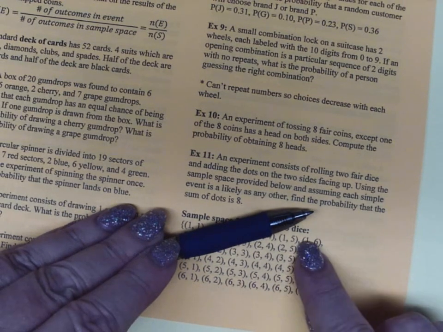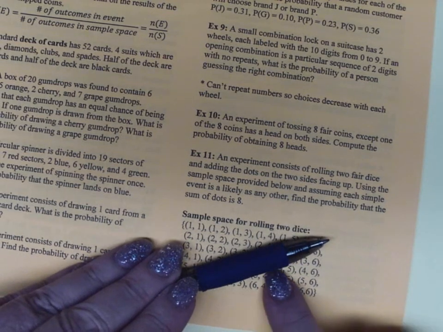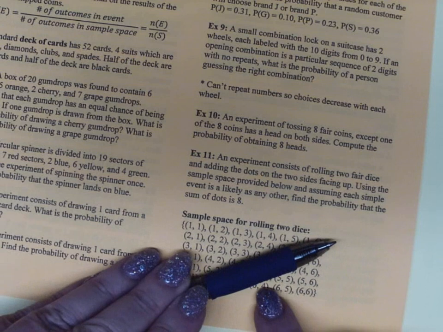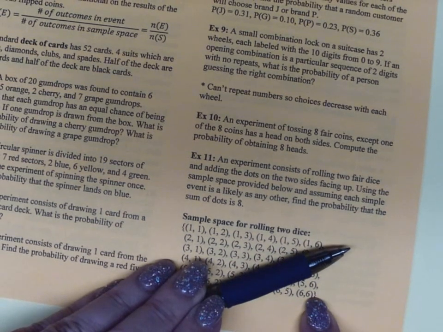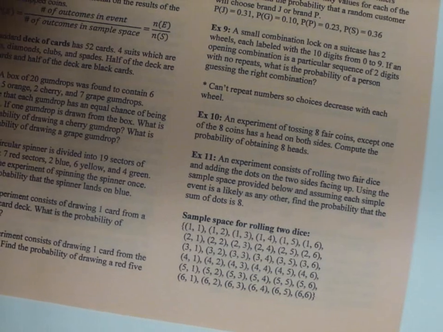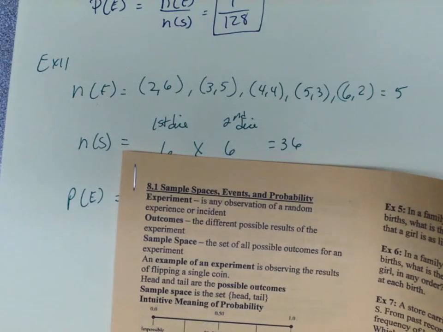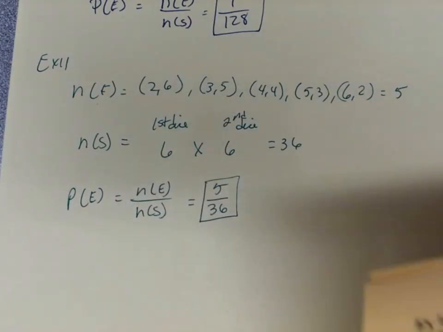Then we add to 7, and then 8, and then 9, and 10, 11, and there's one way to roll 12. So that can kind of help you out as far as if you're trying to figure out exactly what you're looking for. All right, so that's number 11. Let's go on to number 12.